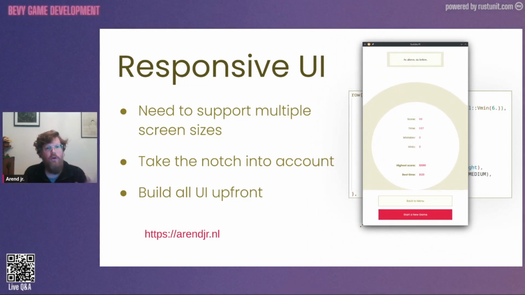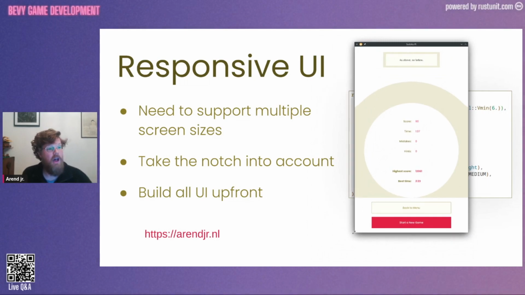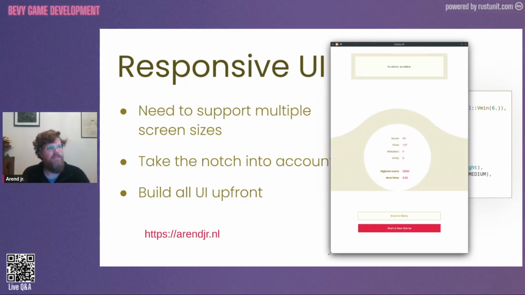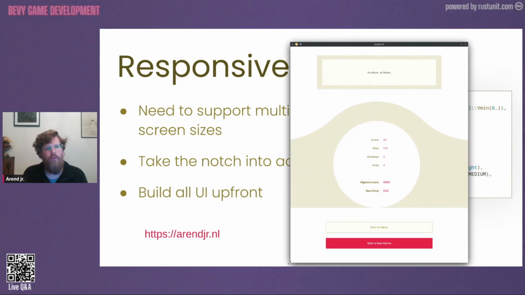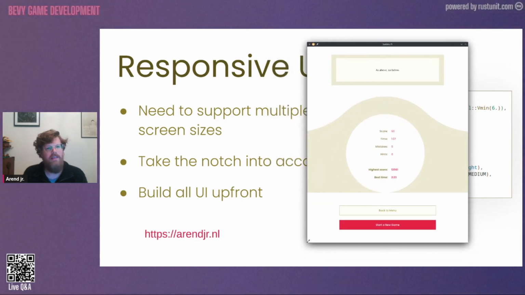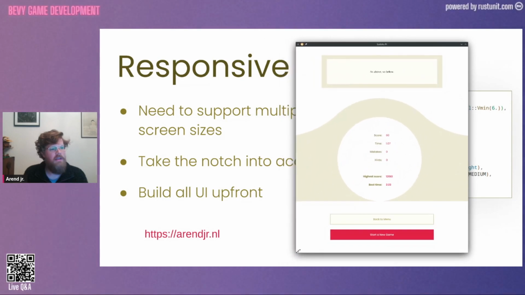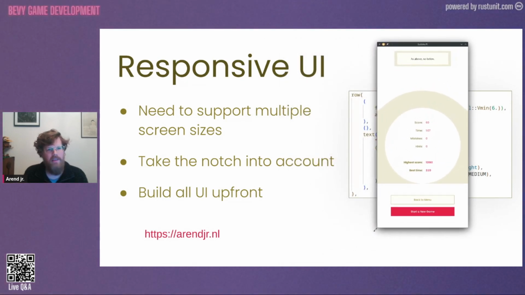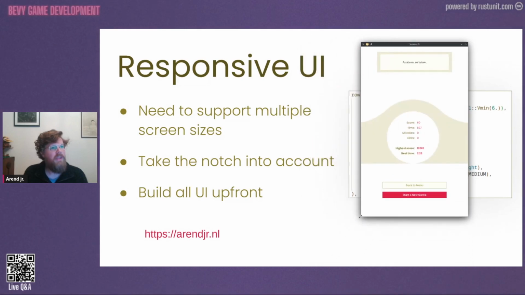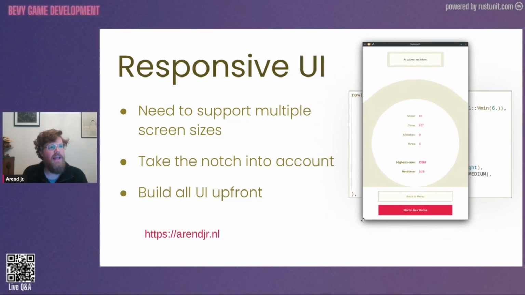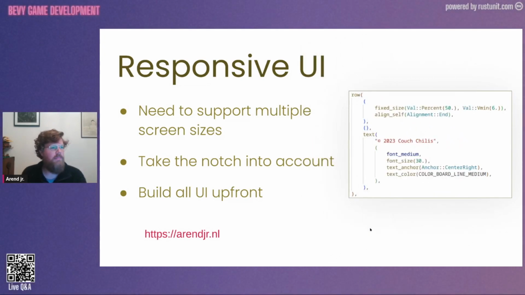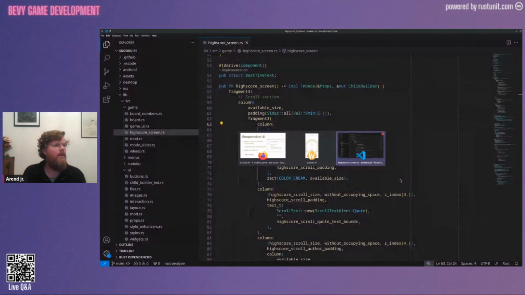Being able to do this on desktop without having to deploy to all the real devices is already very useful, because the amount of testing otherwise is just horrible. It looks like a simple effect, but it is something I'm quite proud of.